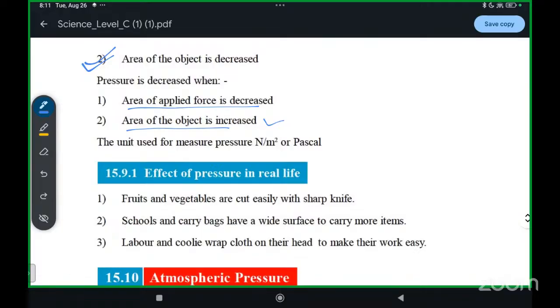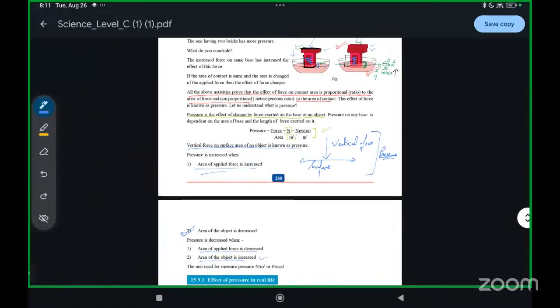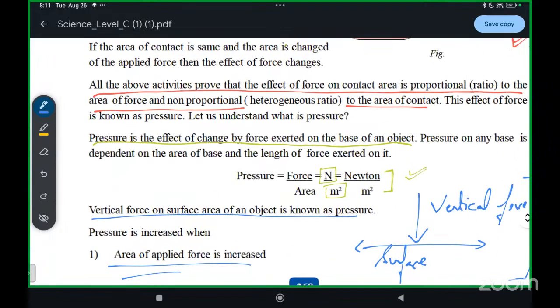If I give you the force and the surface area and ask you to calculate pressure, will you be able to? Yes, ma'am. But will that come in the test?